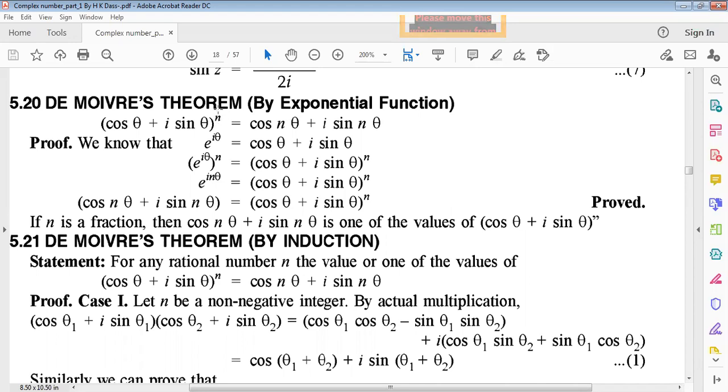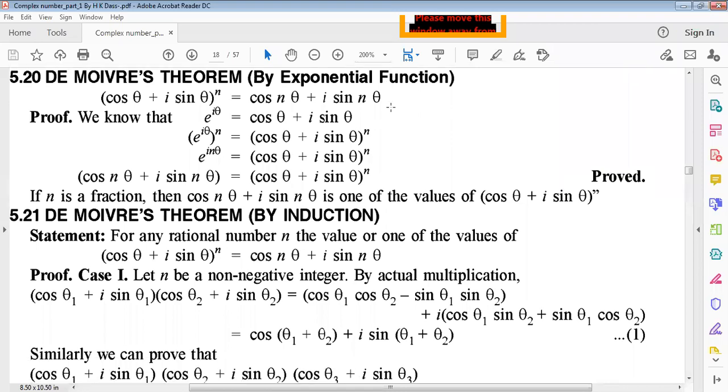That means n can be a real number, rational number, integer, negative integer or positive integer, and this n is multiplied with the angle. Remember this: cos n theta plus i sin n theta. This is de Moivre's theorem in exponential form.